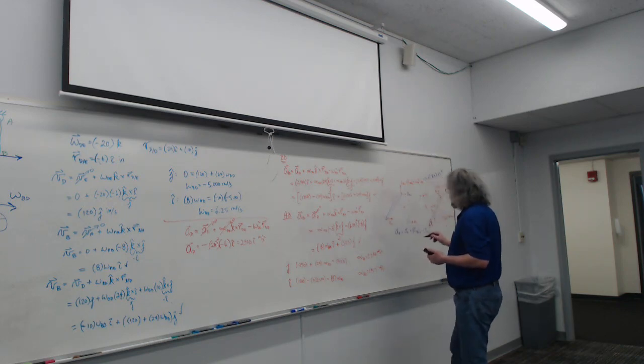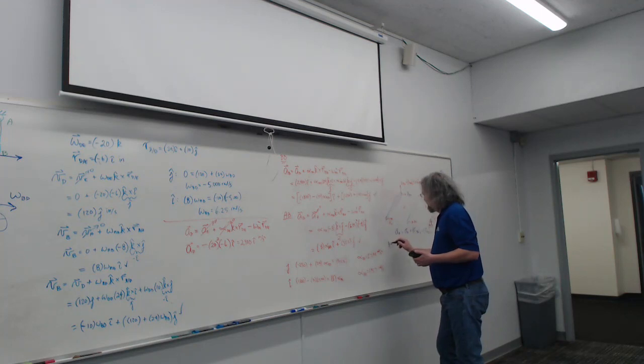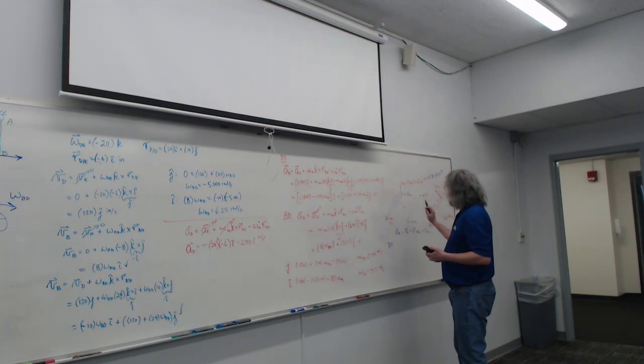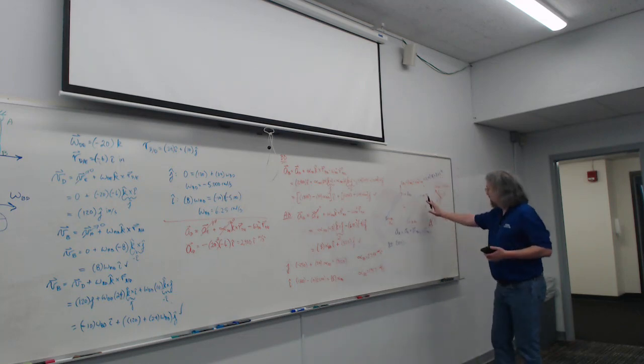And so as I said, the y direction might be the way to go first, because we know this value, it's going up, so that's going to be 312.5, and nothing happening right here.